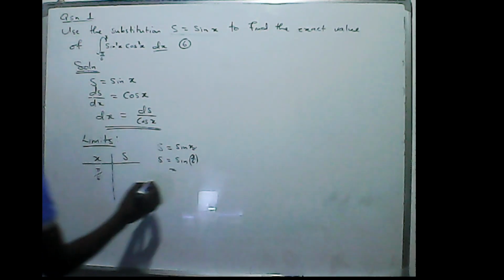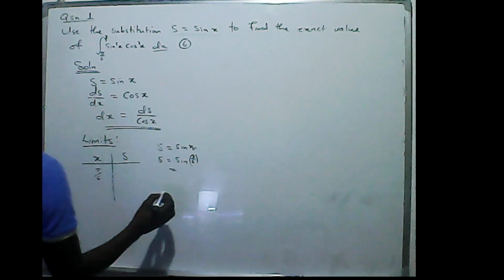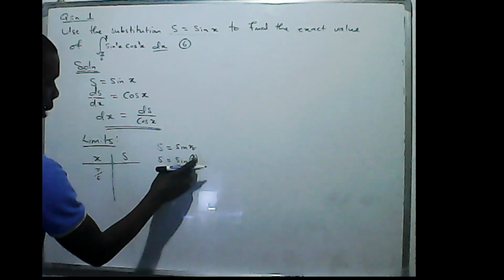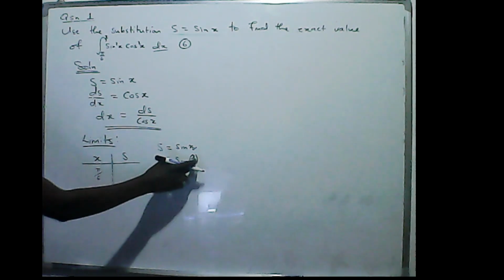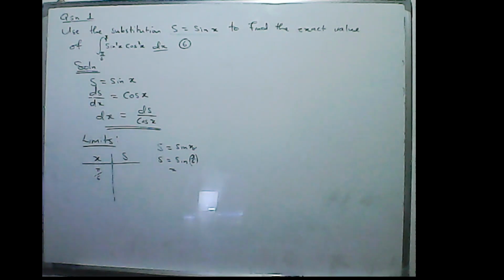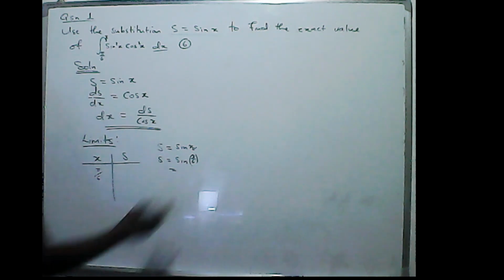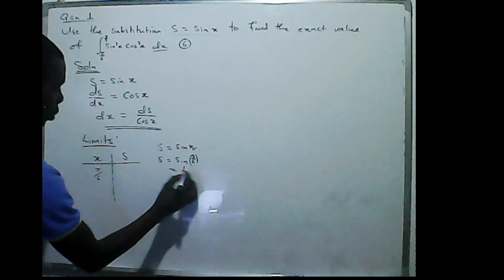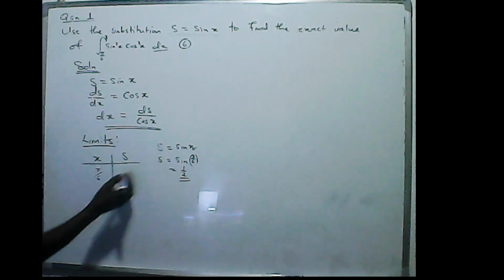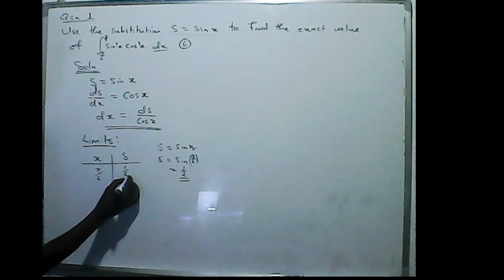Remember, pi over 6 is the same as 180 divided by 6, which is 30 degrees. From our special angles, sine 30 is equivalent to half, or 0.5. So here we have half.